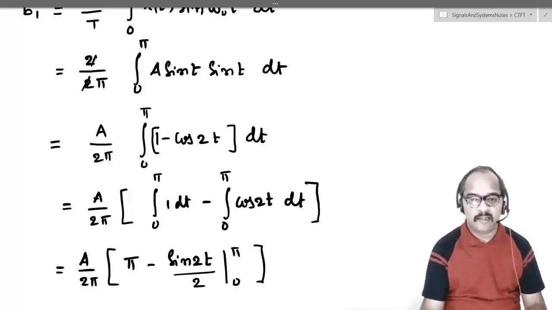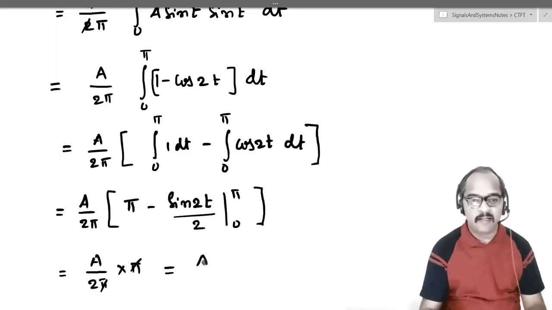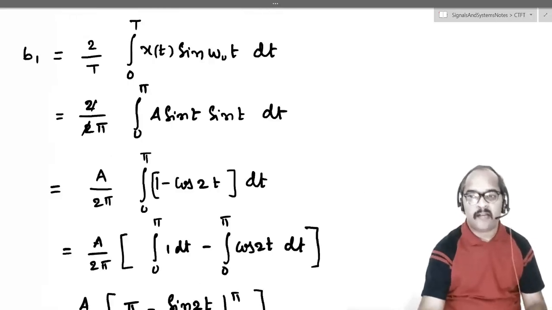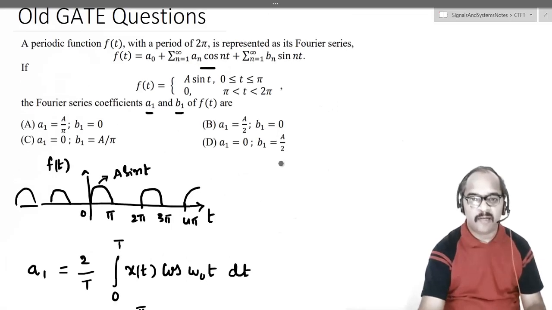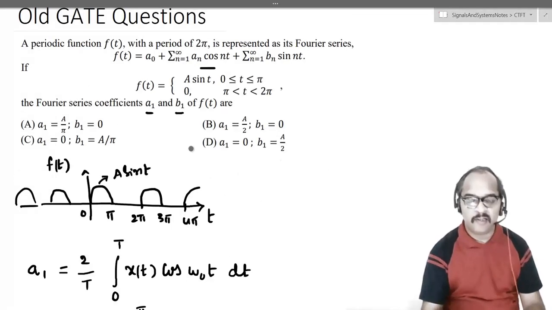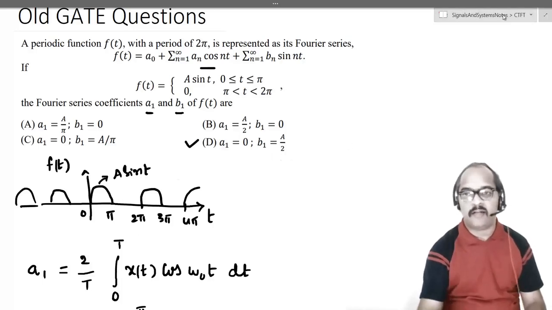You can easily see that the second term is 0, so I am not writing that. So finally you get A by 2 pi multiplied with pi. So pi will get cancelled. Finally, you get the answer to be A by 2. So a1 we got to be 0 and b1 is capital A by 2. So a1 is 0, b1 is A by 2. So which one is the answer? Choice D is the answer.